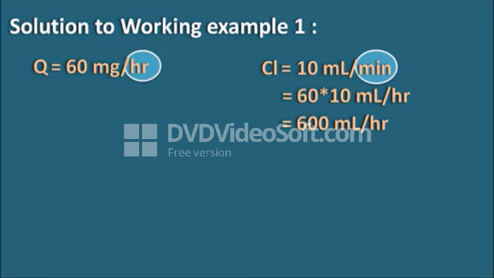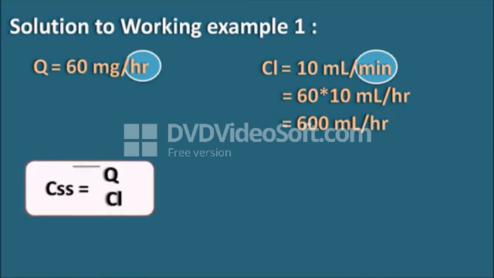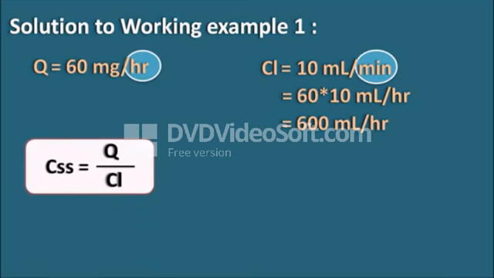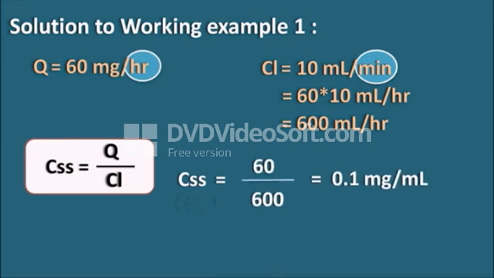So CSS equals 60 by 600, which equals 0.1 mg per ml. We can convert this into mg per liter, so we have to multiply by 1000. So it will become 100 milligram per liter. So the steady state concentration will be 100 mg per liter.